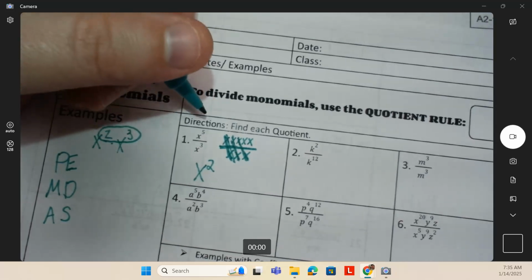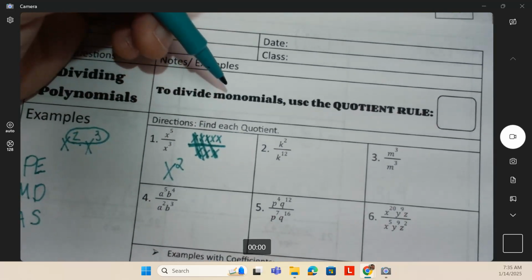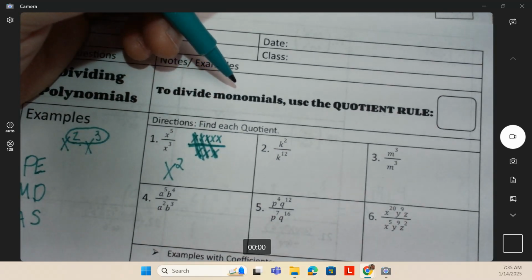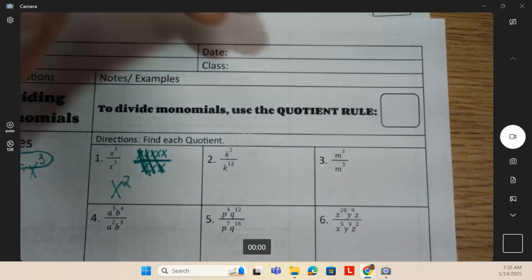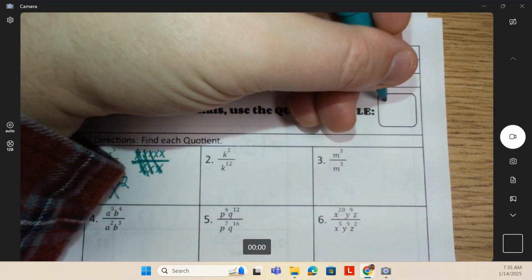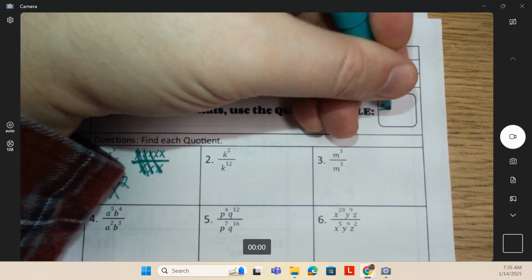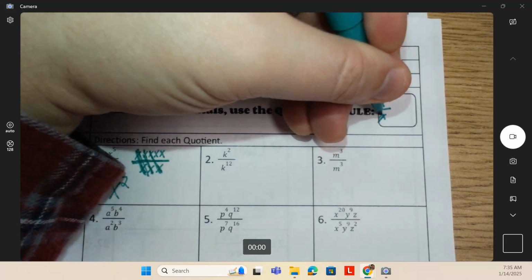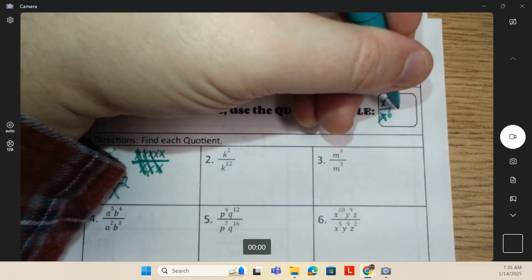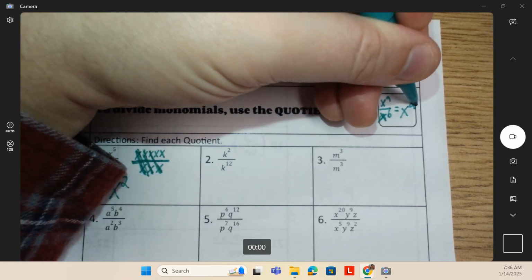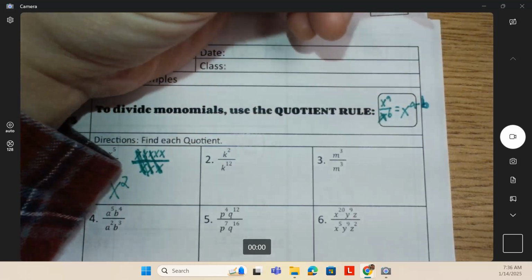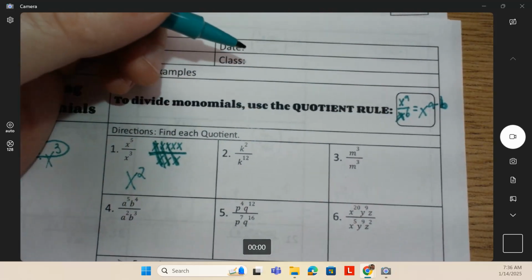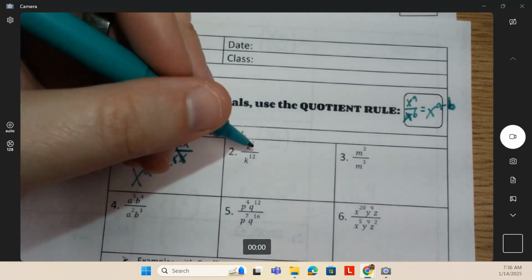Okay? And so basically my quotient rule for monomials would be, if I have x to the a over x to the b, it equals x to the a minus b. You could really think of it as, I'll take the larger one.